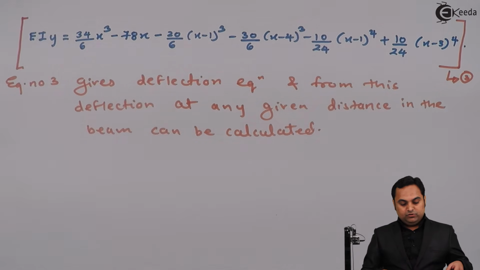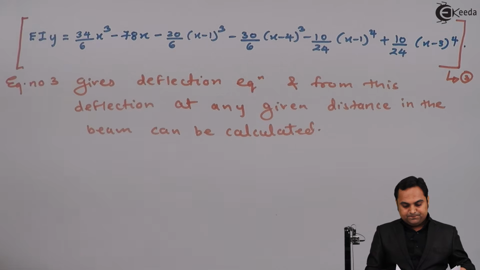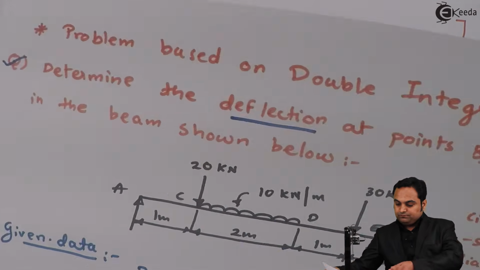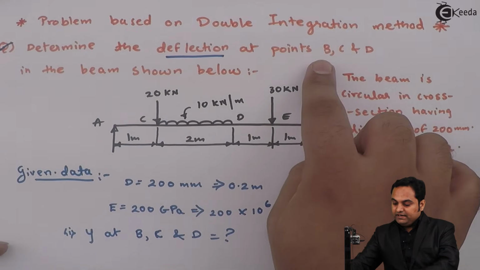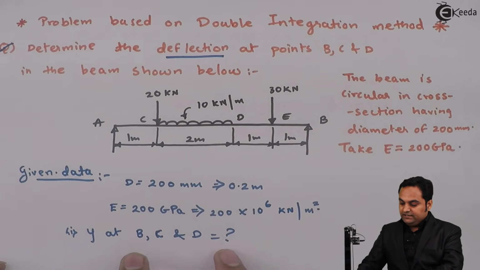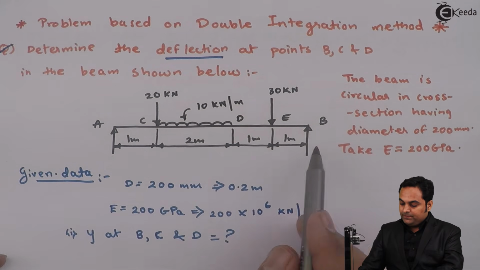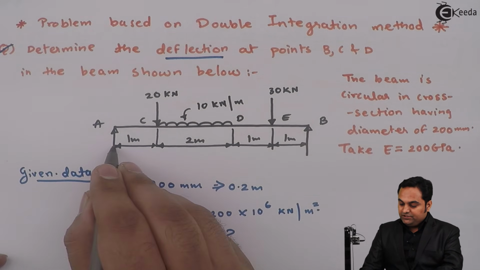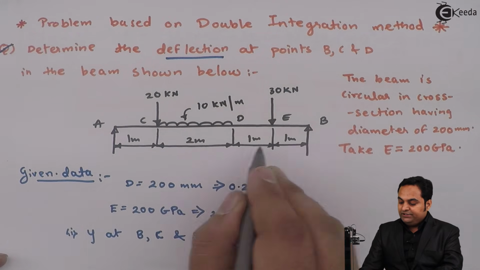And now if we look into the question, the first thing which they have asked is to find the deflection at B, C and D. So first at B, when we are trying to find the deflection, the distance we have to consider is from point A up to B, it is 5.